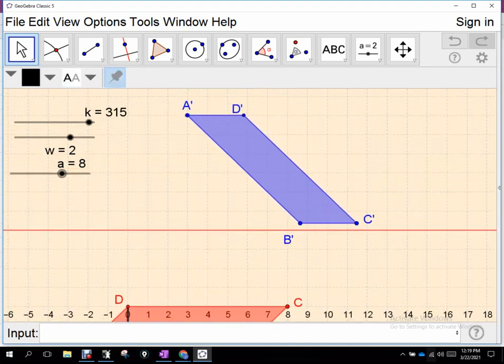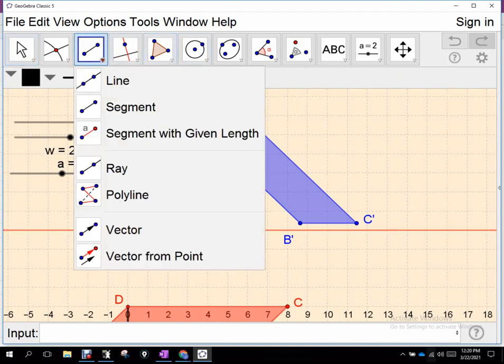Now, let's say that the red segment is the top of my table or something like that. Does that make sense? Can you visualize that A prime down here would be another way of describing the height of this parallelogram? Does that make sense to everybody?